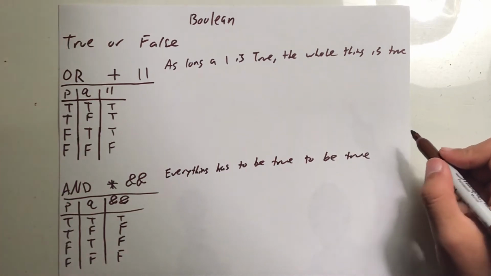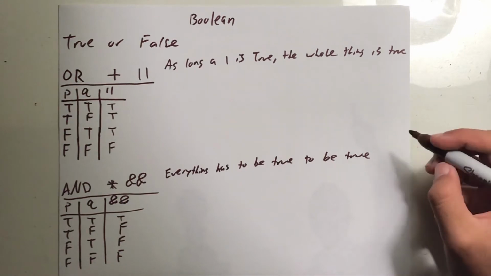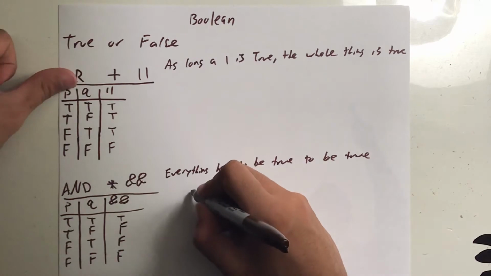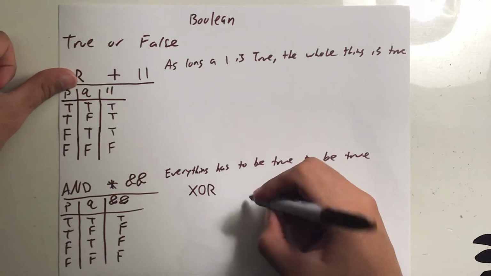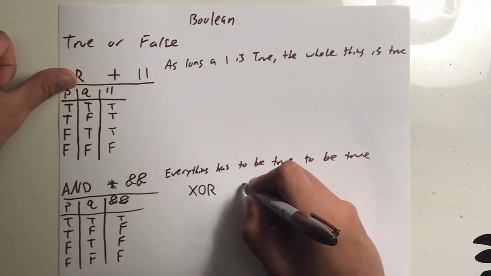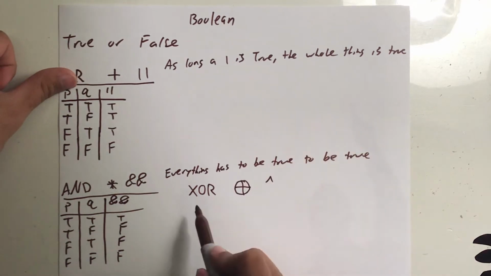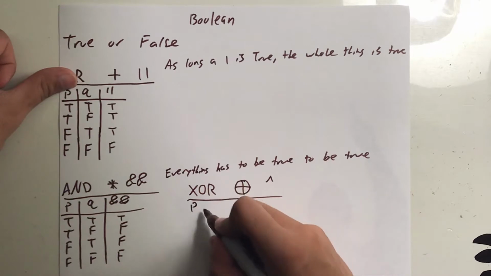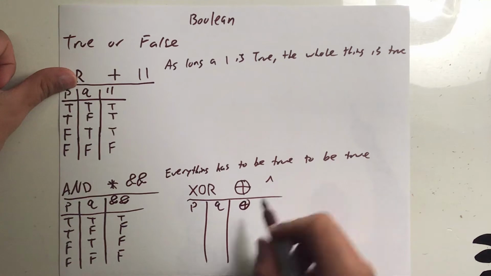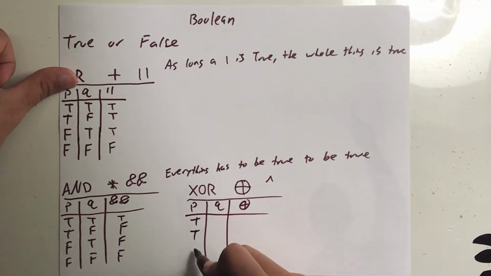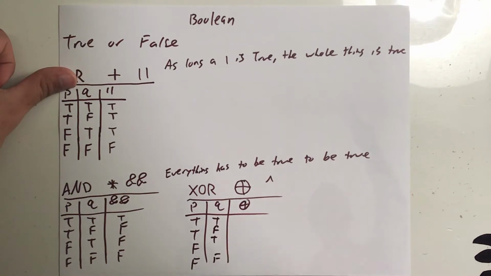And the last major operator is called exclusive OR, written as XOR. You may see it as a circle with a plus sign in it, or the caret symbol. And again, if we do our truth table: true, true, false, false, true, false, true, false.